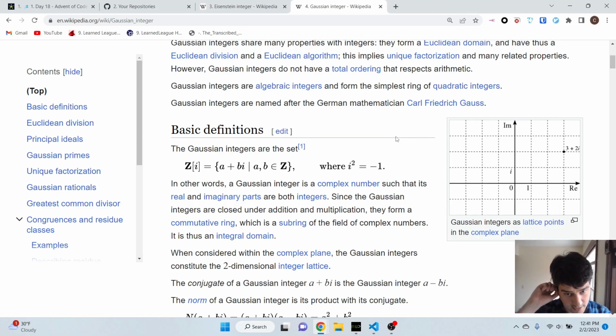And they're super cool. You can factor them, and they have prime numbers, but the primes are not the same as the primes in the regular integers.